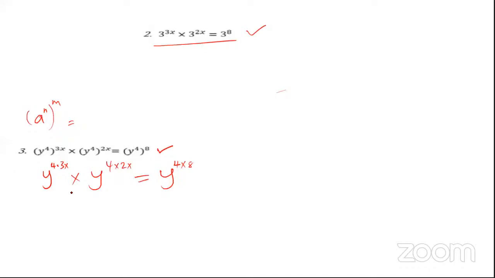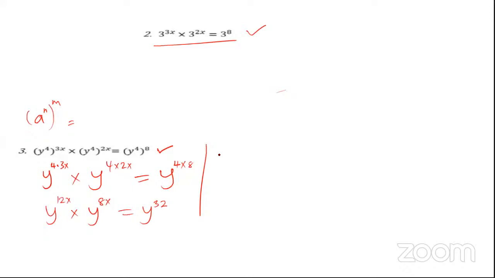So when you do this, you'll get y to the 12x times y to the 8x is equal to y to the 32. 4 times 8, so you get 32. Now from here you do the equating of the powers.